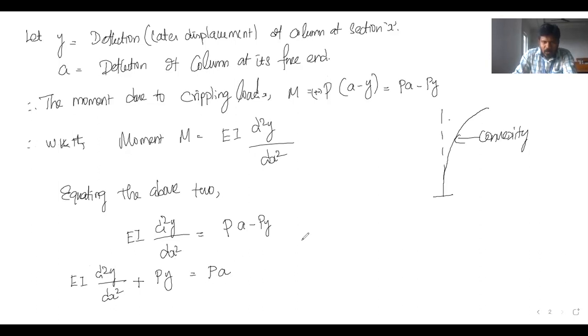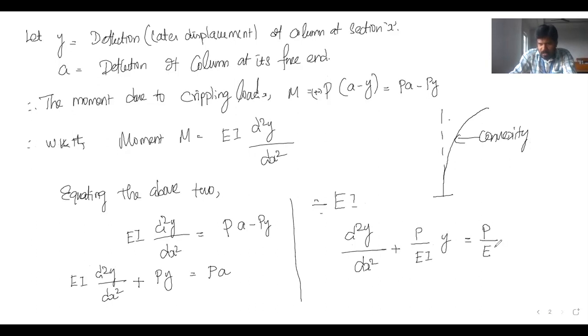Now I am going to divide this equation by EI. Then the equation changes to d squared y by dx squared plus P by EI into y is equal to P by EI into A. I am going to take P by EI as equal to alpha squared.